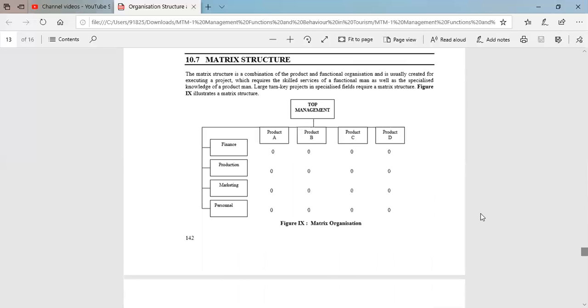So as you have seen, this is the matrix. Before coming to the matrix, let me explain the above one.